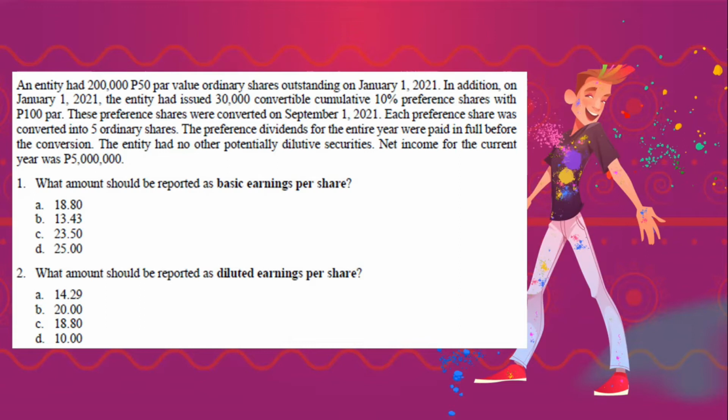Each preference share was converted into 5 ordinary shares. The preference dividends for the entire year were paid in full before the conversion. The entity had no other potential dilutive securities. Net income for the current year was 5 million. So, clear naman lahat ng mga information.